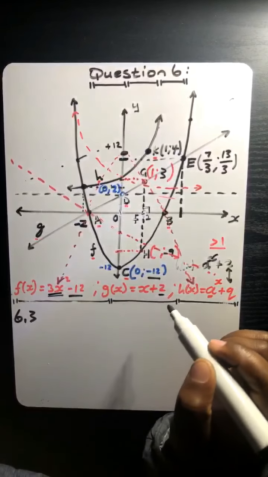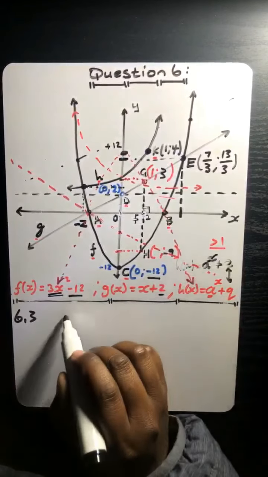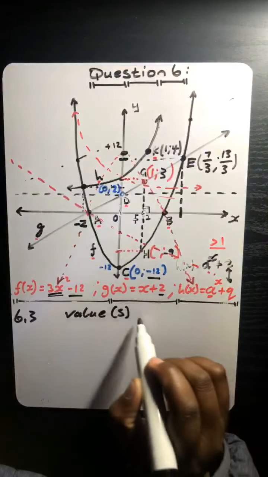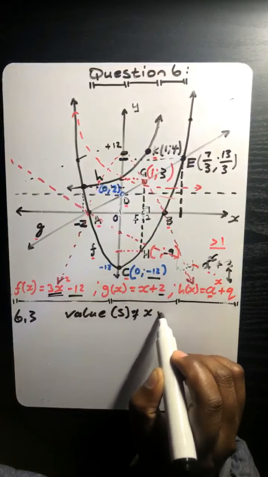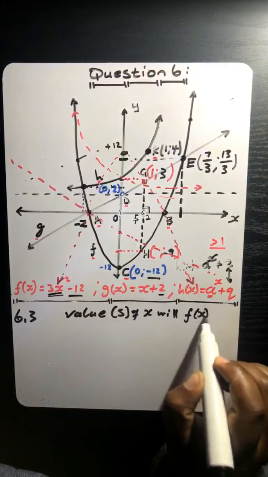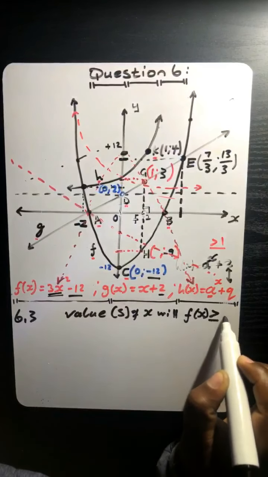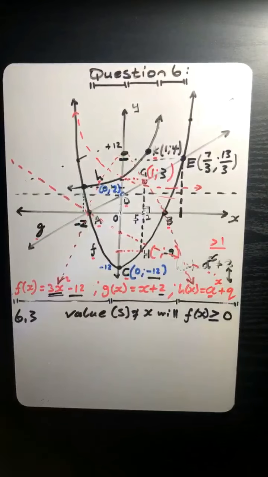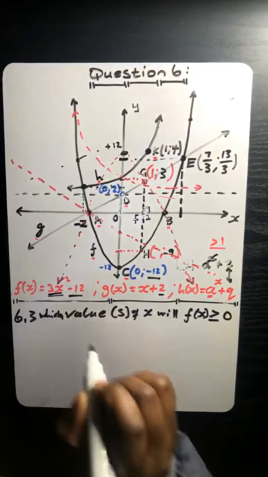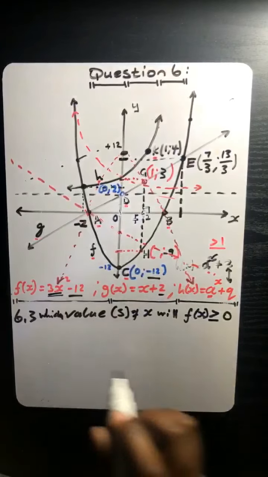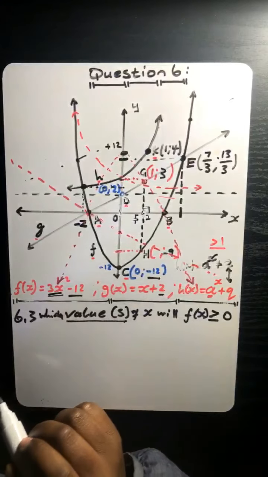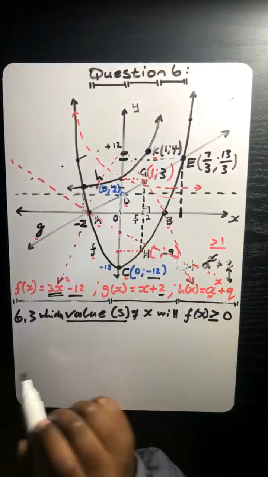So they say for which value or values, this is how they write it, for which value or otherwise values of x will f of x be greater or equals to 0. Which value or values of, can someone explain what that thing means when it's written like that? Is there someone who wants to guess? Do you guys still remember what is meant when it's written like that?